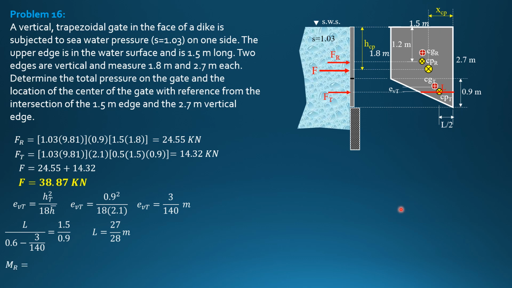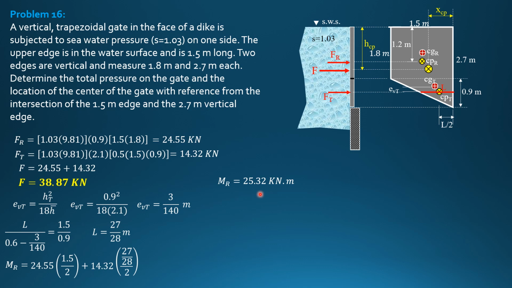So the moment with respect to the right is F of the rectangle. Of course, it acts here, so this distance is half of 1.5: 24.55 times 1.5 over 2, plus F of the triangle, which is 14.32. Then its distance is half of L: 14.32 times 27 over 28 over 2. So the moment of the components about the right edge is 25.32 kilonewton meter.